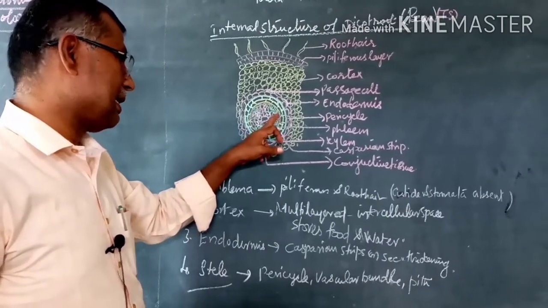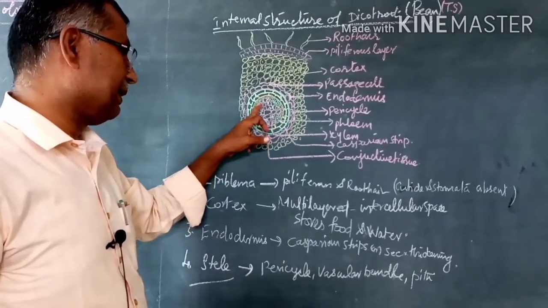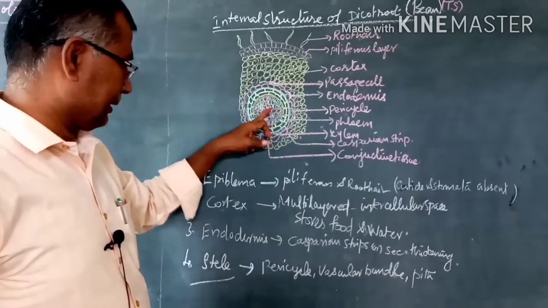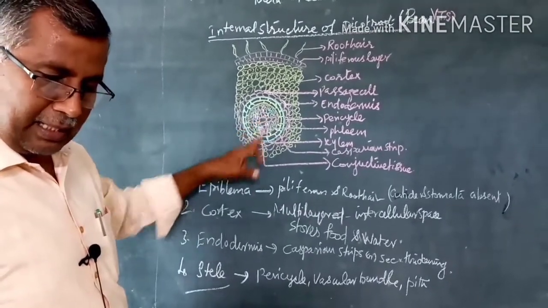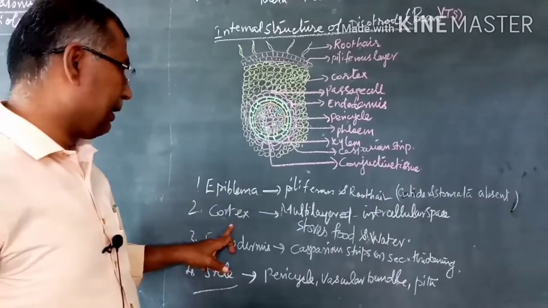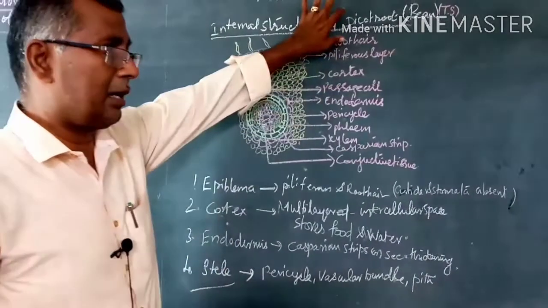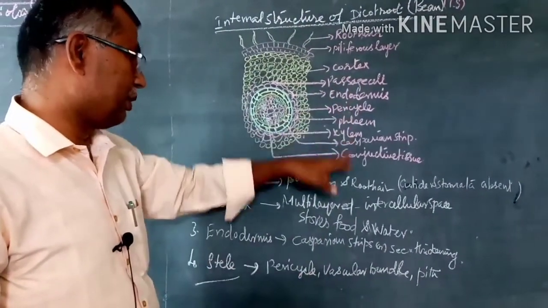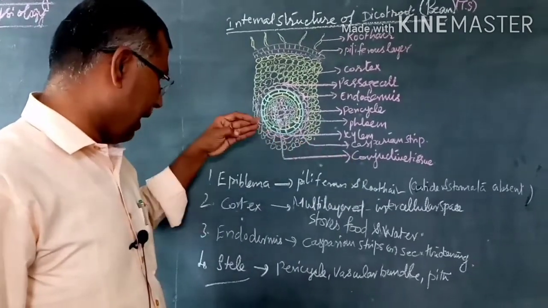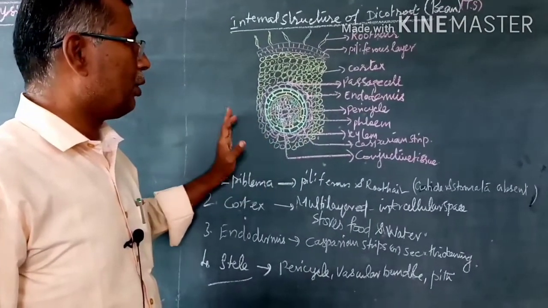Only 4 xylem and 4 phloem are present. We call it the tetrarch condition. Understand? Then pith: a young root contains pith. That is in dicot root. The young root contains pith but it is absent in older roots.